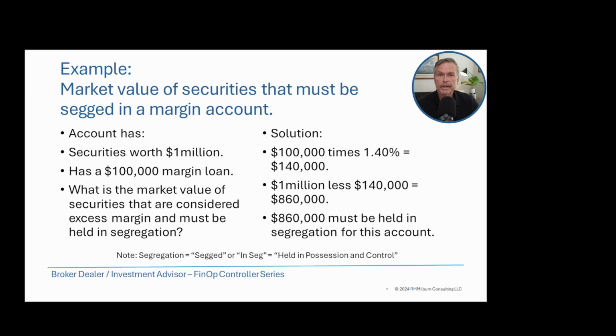You take the $100,000 margin loan and you multiply it by 140%, you get $140,000. You subtract that $140,000 from the $1 million of market value of securities, and that'll give you $860,000. So the answer is that $860,000 of the securities must be held in segregation for this account.